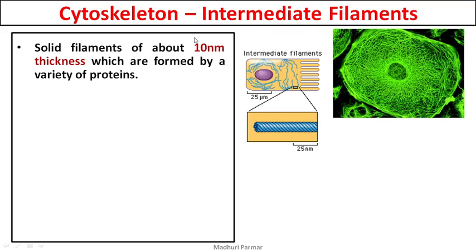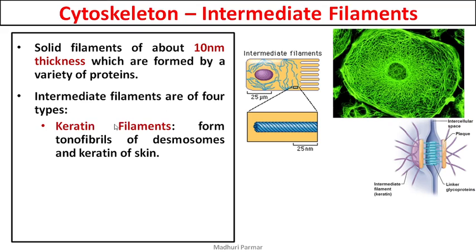These are actually made of fibers, not of globular proteins, but actual fibers, which are formed by a variety of different proteins. They are of four types. They can be keratin filaments. Keratin, you must have heard in hair.